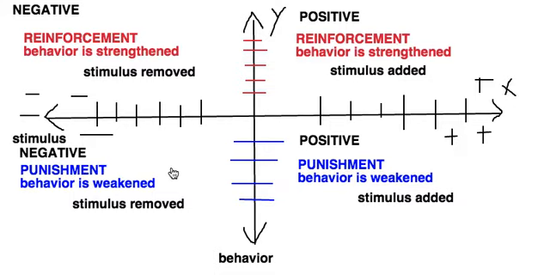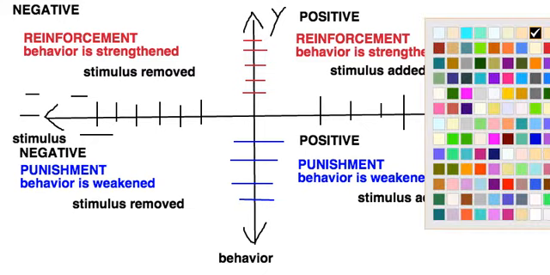Negative reinforcement actually strengthens behavior by removing a stimulus, and negative punishment weakens behavior by removing a stimulus. Now, some people will stop here in terms of getting you to memorize certain phrases. I'm just going to add one more word to each quadrant to really help us distinguish the consequences that are used in each of these operant conditioning techniques.